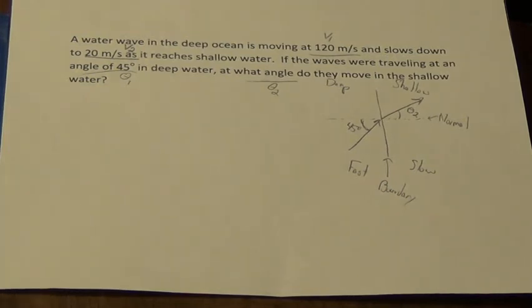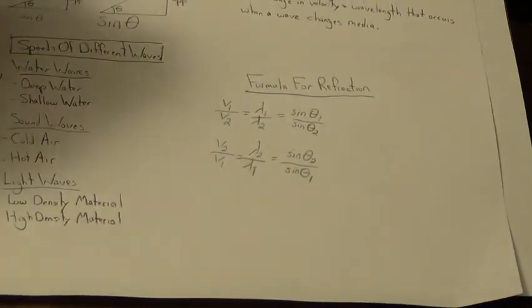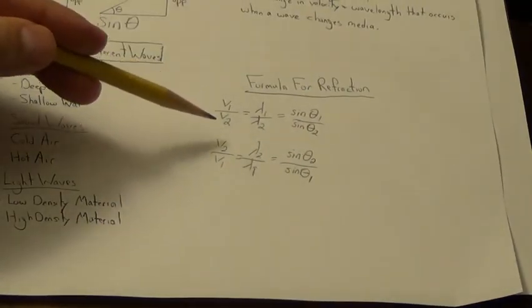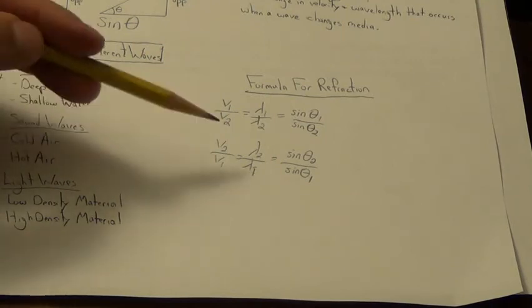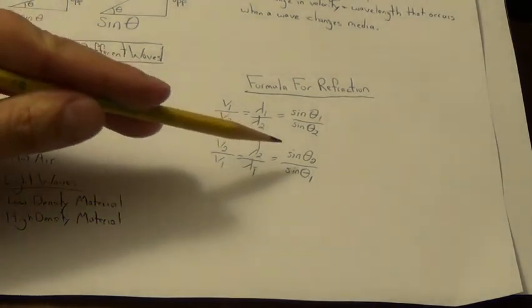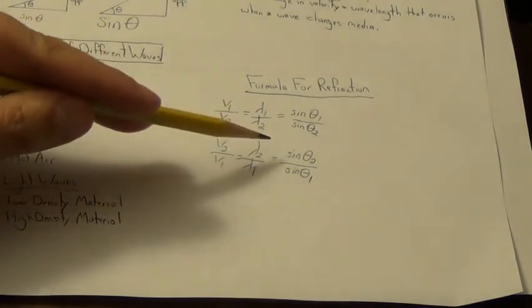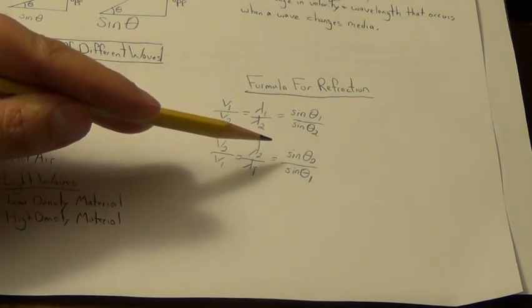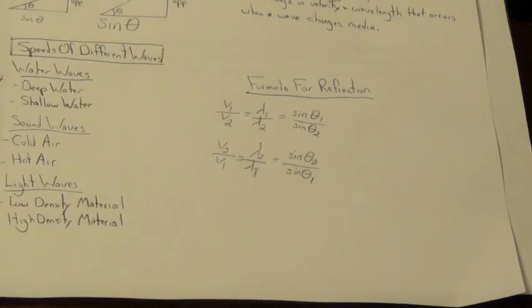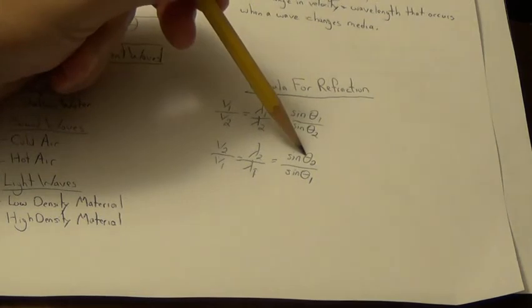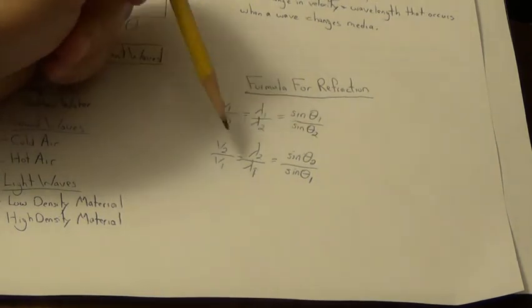Let's go ahead and think about, if we're looking for angle 2, if we look at those formulas we had again, we said it's the same formula, it's just inverted, but if we're looking for the second substance, go ahead and have it with the version that has the second substance on top, just to make rearranging the formulas easier for you. And so we've got angles and we have speeds.